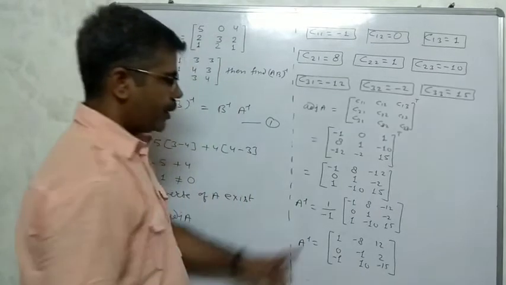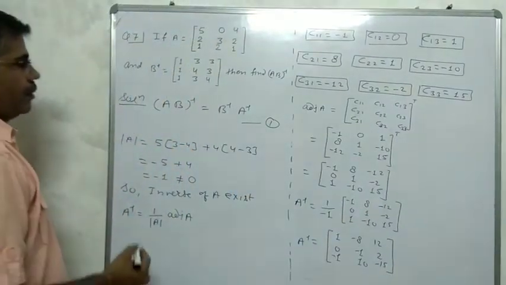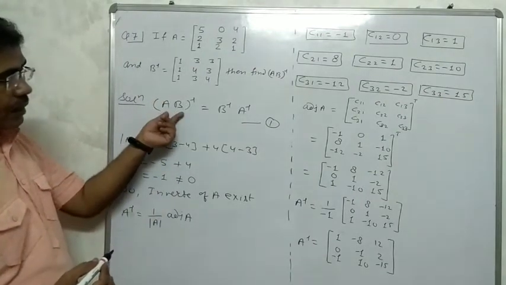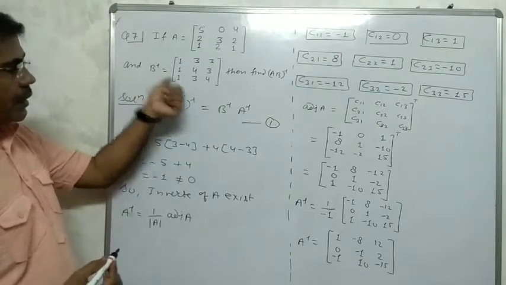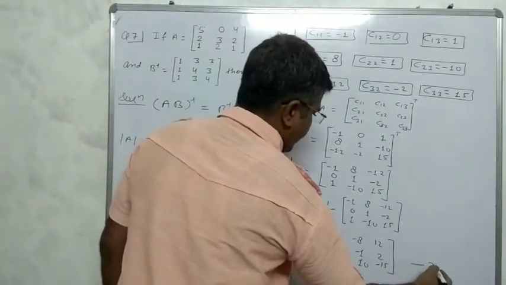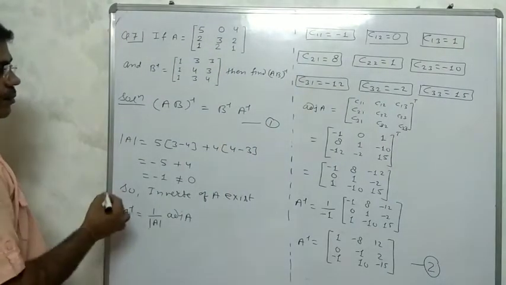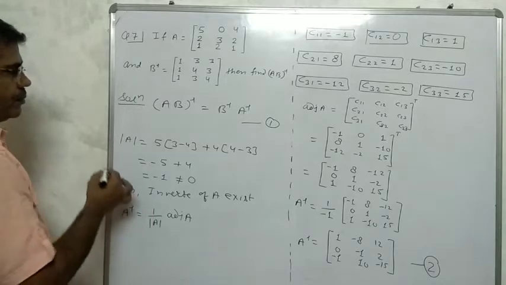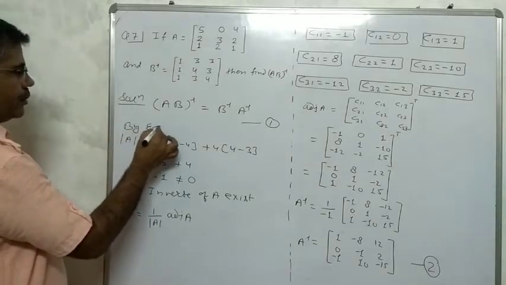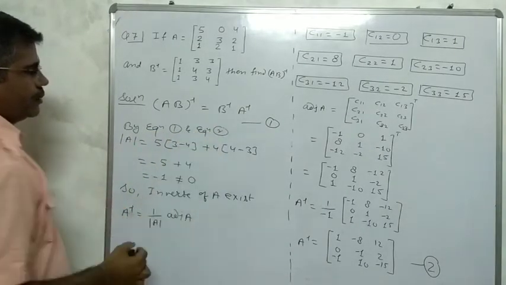When we multiply minus 1 to the complete matrix, we put here B inverse and A inverse. So we write equation number second by equation first.